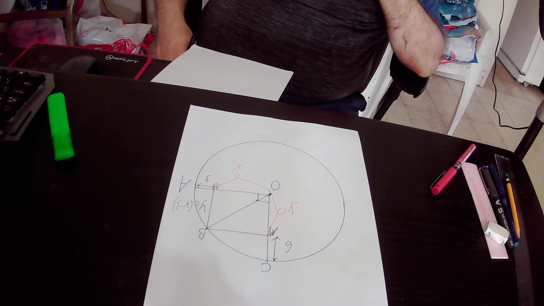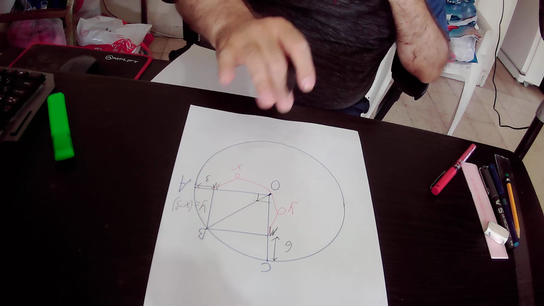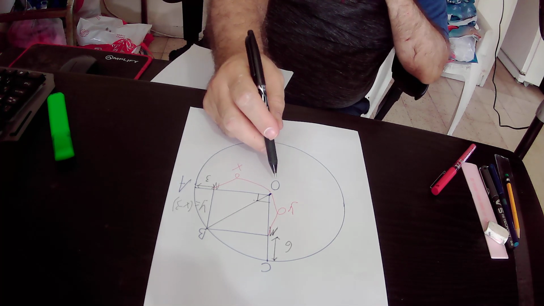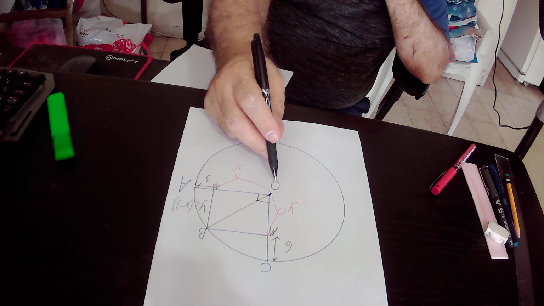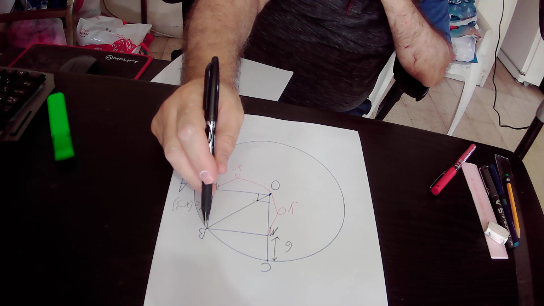And actually line segment OB is the radius of this circle because line segment OB starts from point O, the center of this circle, and ends at point B, a point on the circle itself.